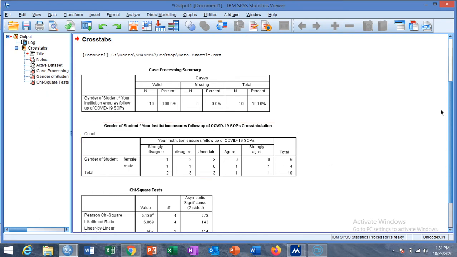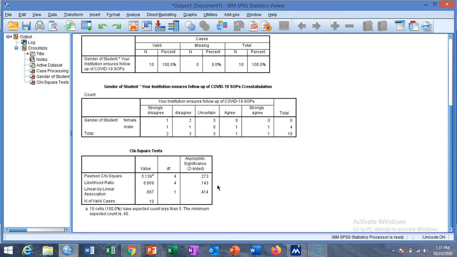Although the Pearson chi-square test provides a non-significant result, you can see the value of chi-square, and the degree of freedom is 2, as there are 5 columns and 2 rows, meaning C minus 1 is 4 and R minus 1 is 1.